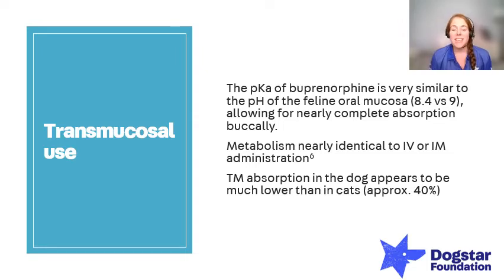Unfortunately for dogs, it's not as efficient, so about 40% of transmucosal absorption compared to cats. So this is a good one to keep in mind for cats that are difficult to stab. You can get clients to take buprenorphine home and give it orally, so transmucosally, for continued pain relief.